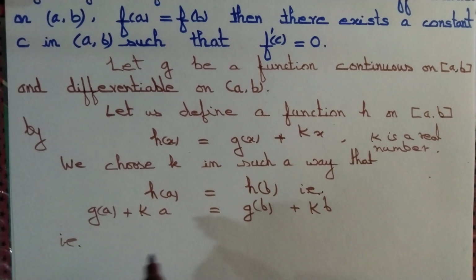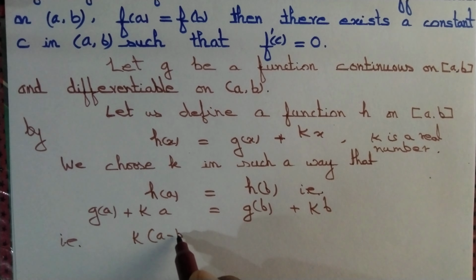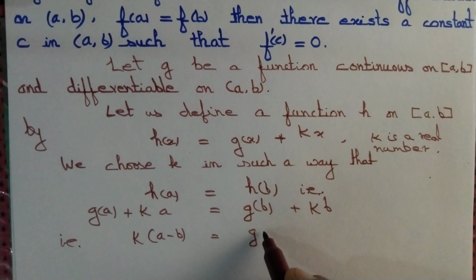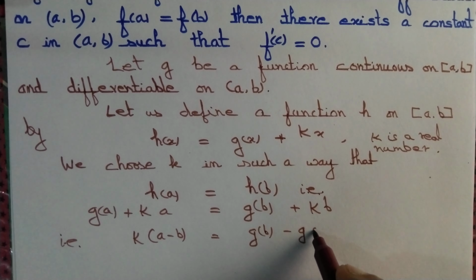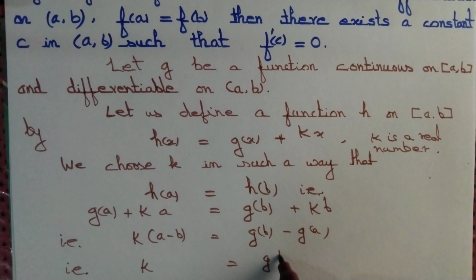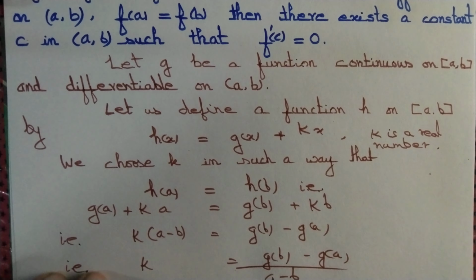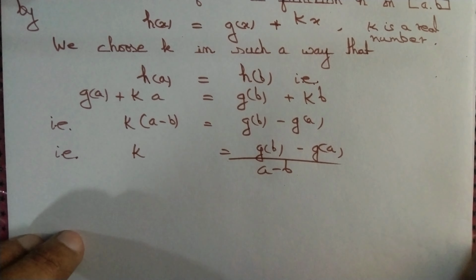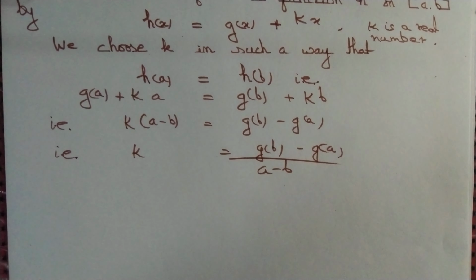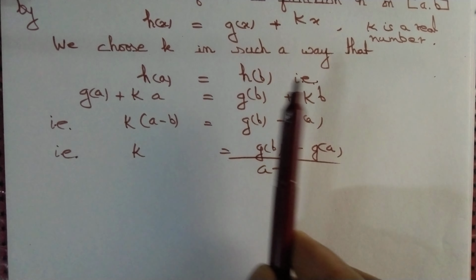That is, we take k to the left hand side and take common: k times (a - b) equals g(b) - g(a). So we take k equal to (g(b) - g(a))/(a - b). When we do so, it turns out that h(a) is exactly equal to h(b).